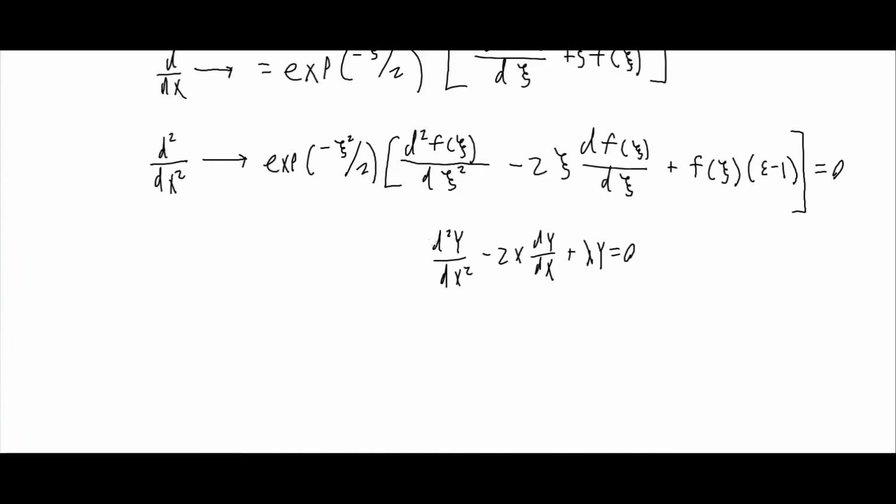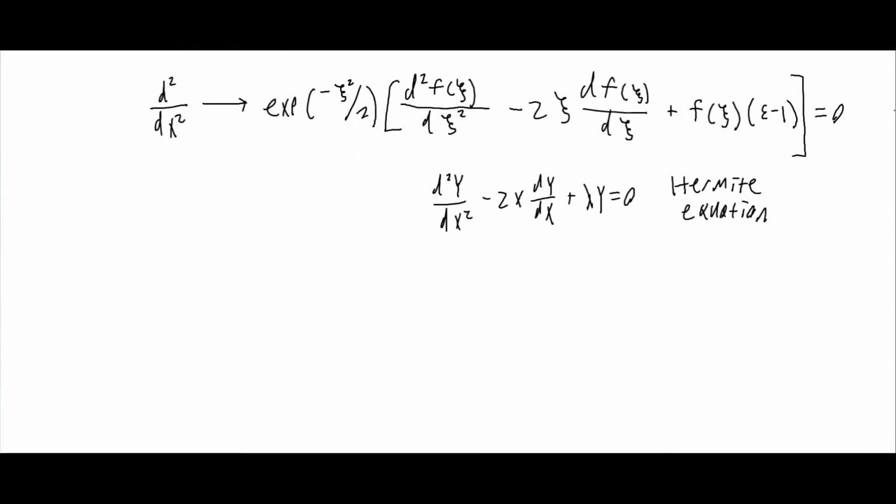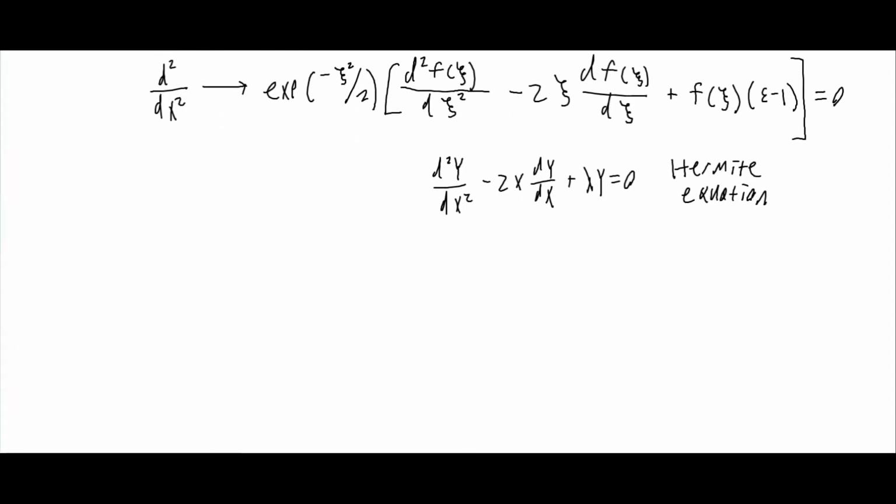And this right here is the Hermite equation, of which solutions are the Hermite polynomials. And so I'll go through quickly here how to find solutions, because there are some things we can get from that are illuminating.